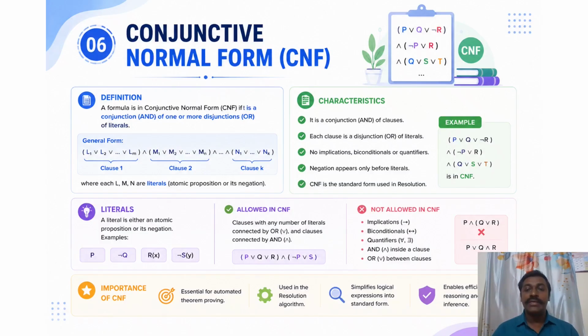So that is in the conjunctive normal form. What is allowed here is OR and AND only, not implications, biconditionals, or quantifiers. These are not allowed in conjunctive normal form.